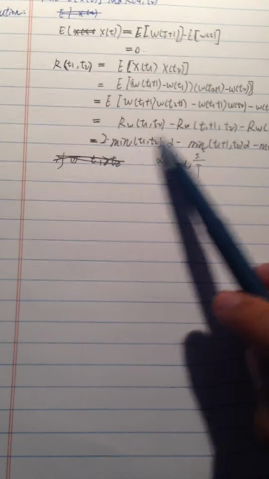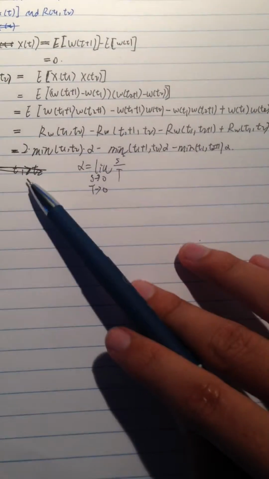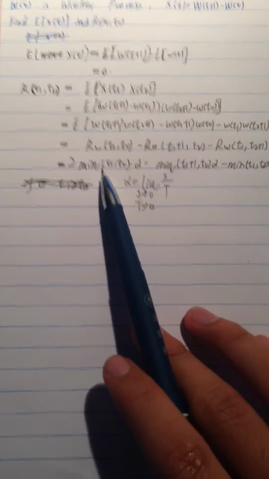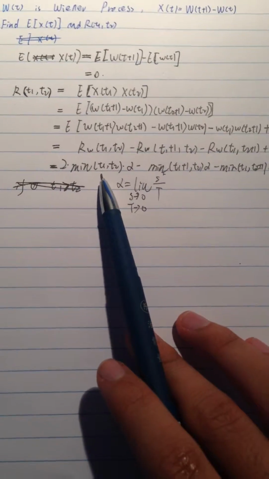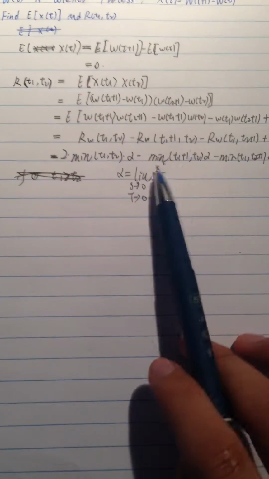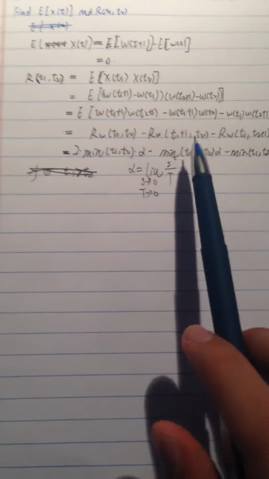So we write this long equation like this. This is the final result, and the only thing we have to know is whether t1 is greater than t2 plus 1 or something else. That is what we need to find at the other times.